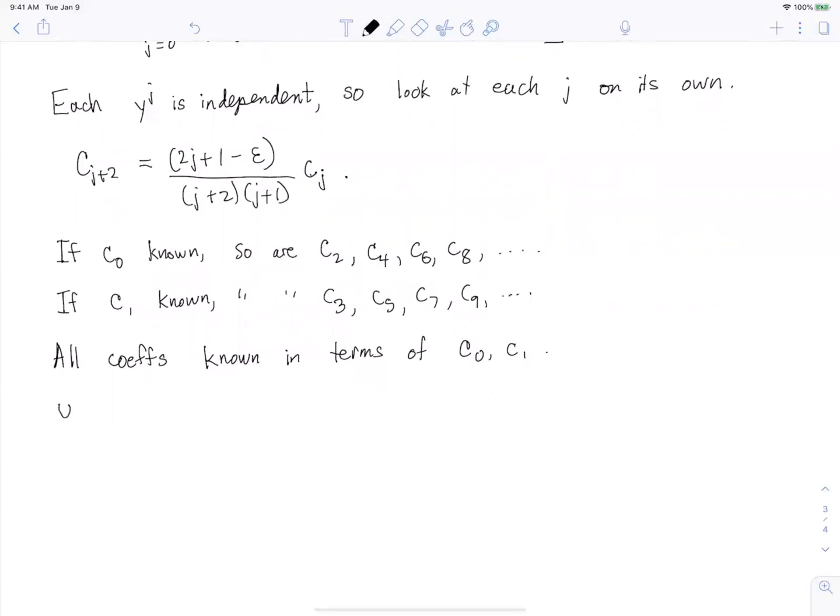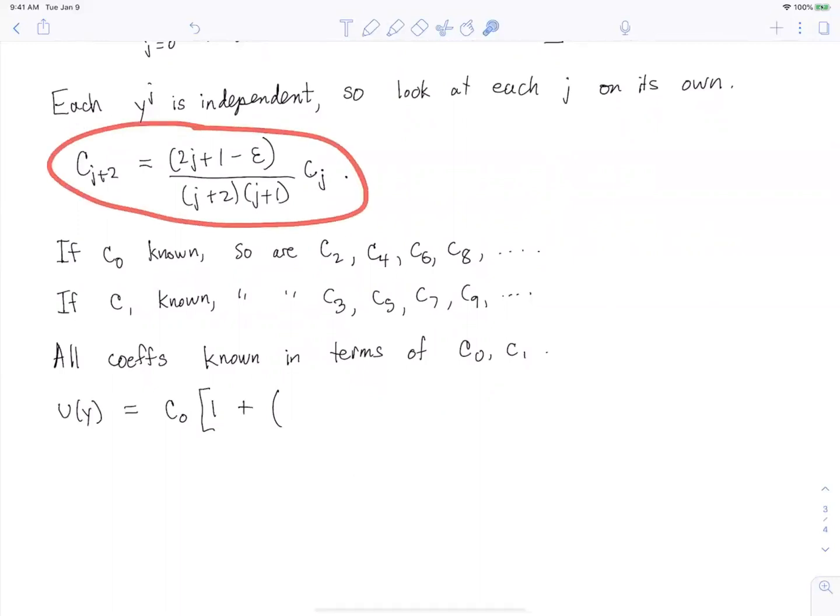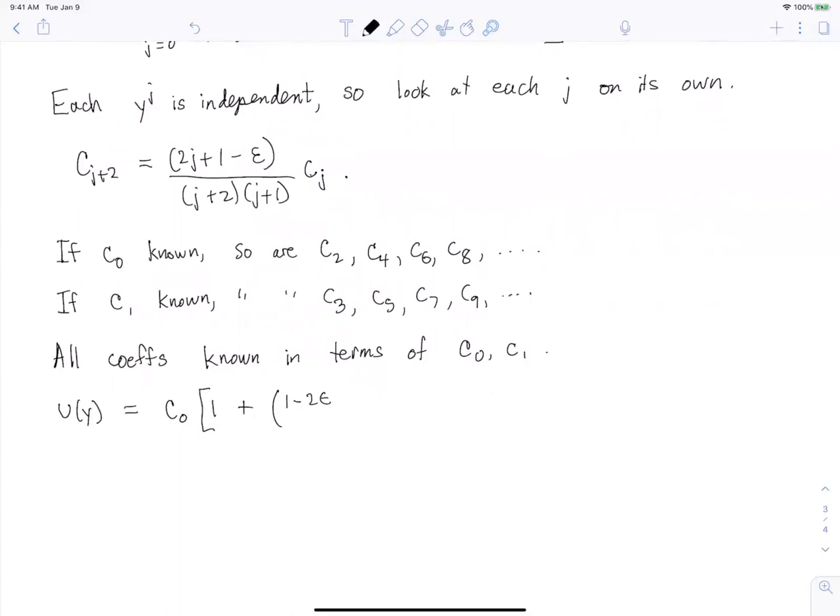And so we can even write down the solution for u of y. There's one part that's proportional to C0, and it's 1 plus the part that we were calling C2, which, by plugging into here, we now know is 1 minus 2 epsilon over 2.